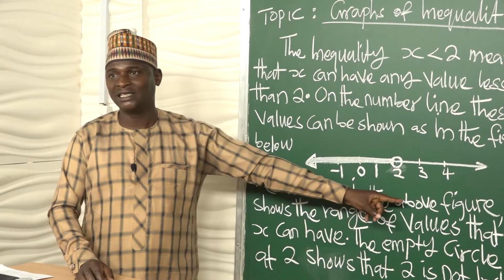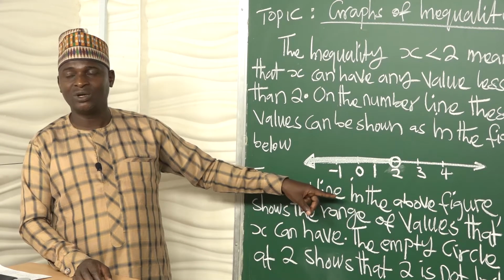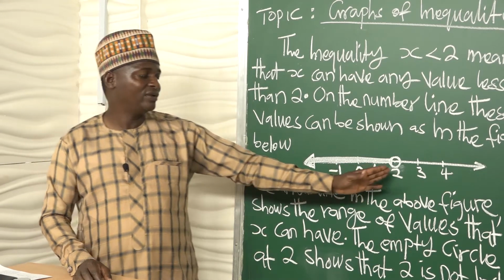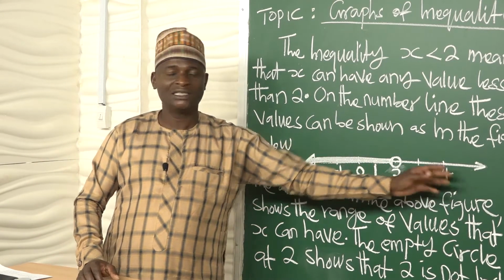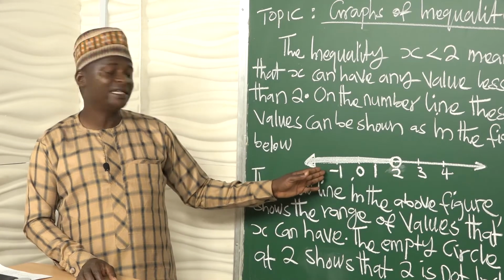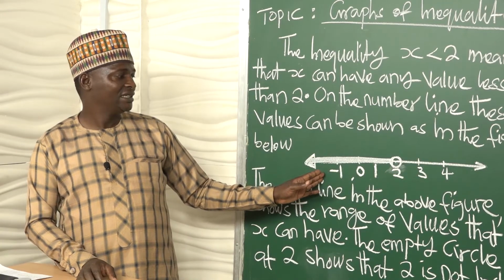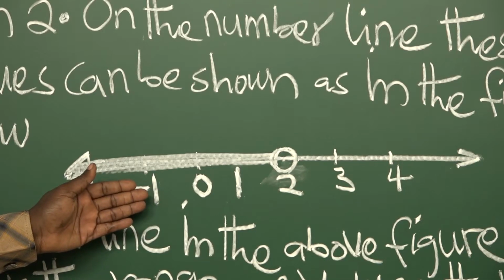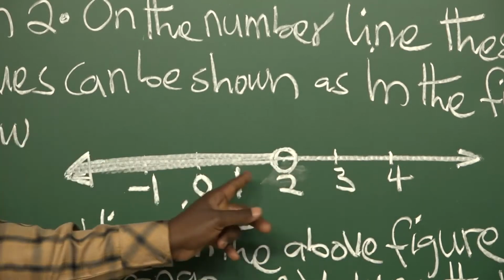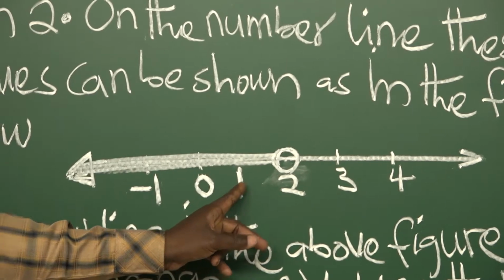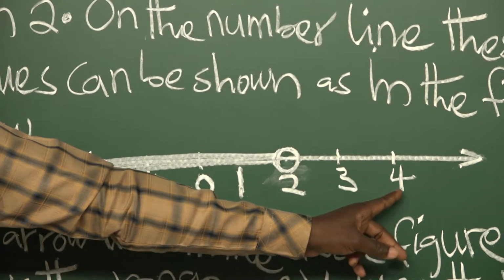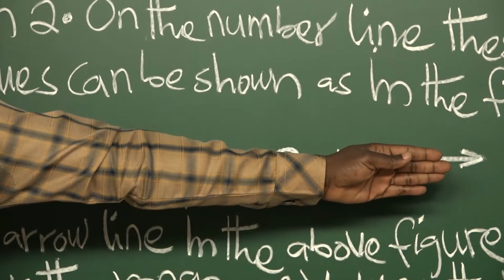So look at our number line. It's a horizontal straight line where you have positive numbers and you also have negative numbers. As we told you earlier, when you are moving to the right, look at 1. After 1, we have 2, followed by 3, by 4. That is how the number line is arranged.